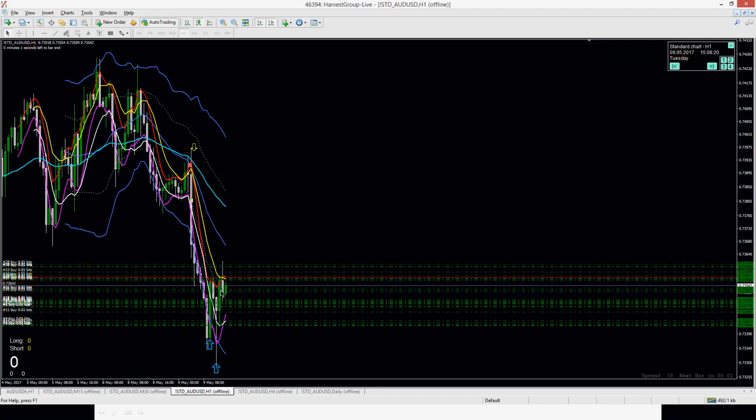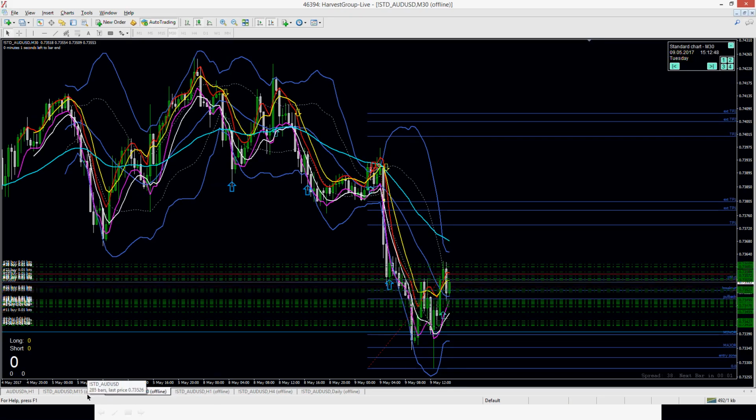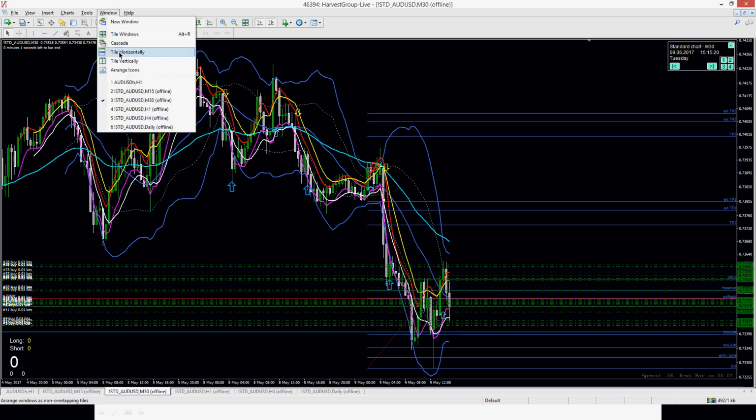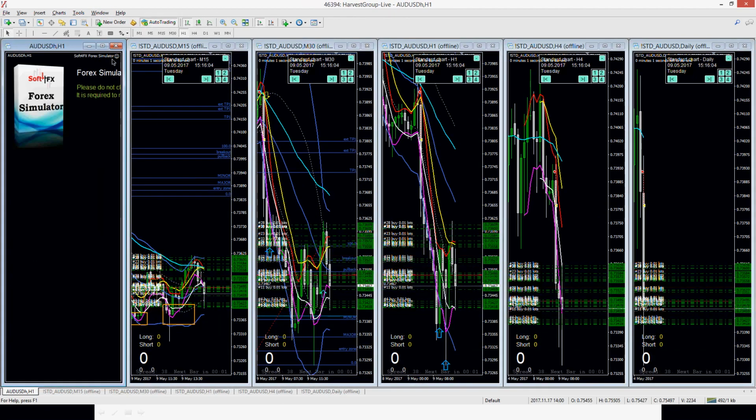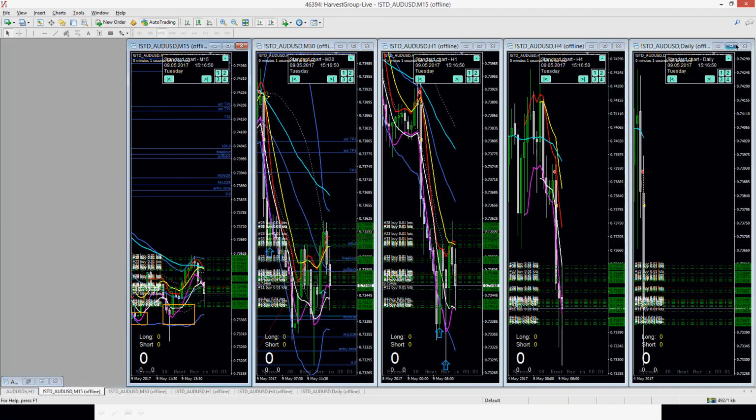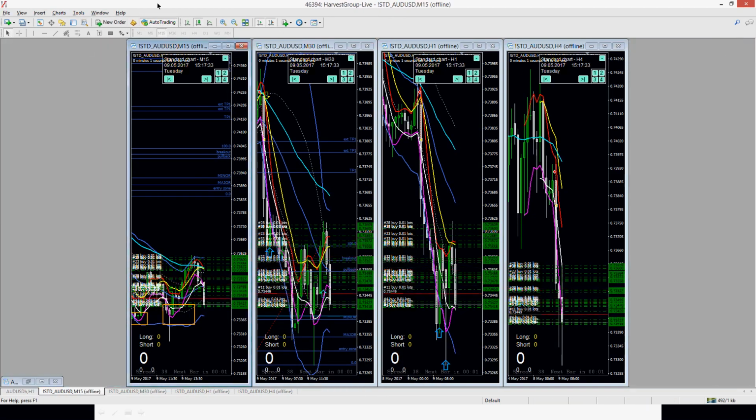Let's look at H1. There's a re-entry sell over here. So the price might go down over here as well. So we should be careful about this entry. So let's just see what happens. Let me just cascade. I'll take off this.